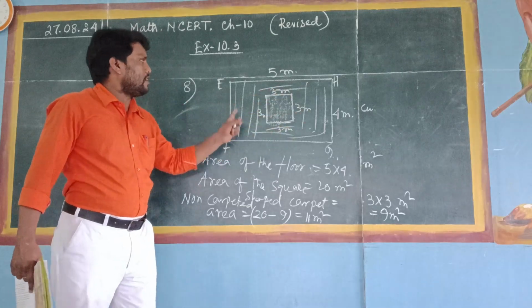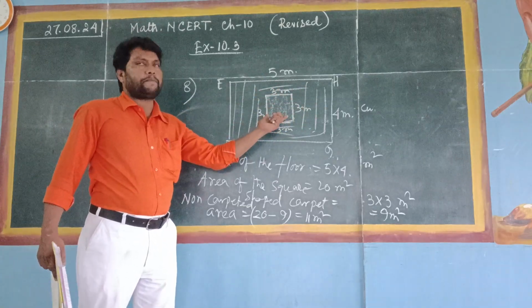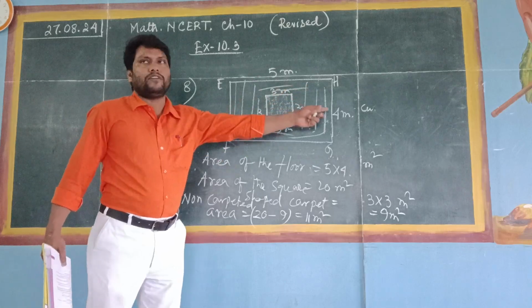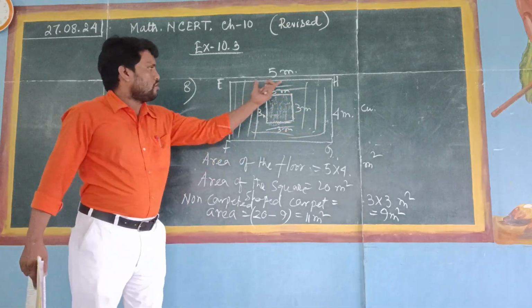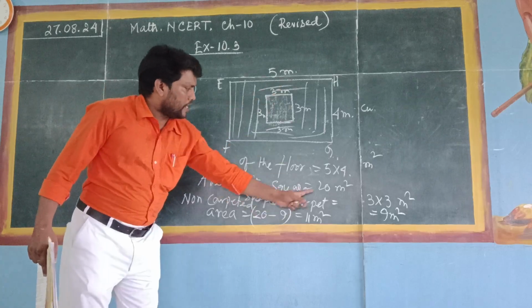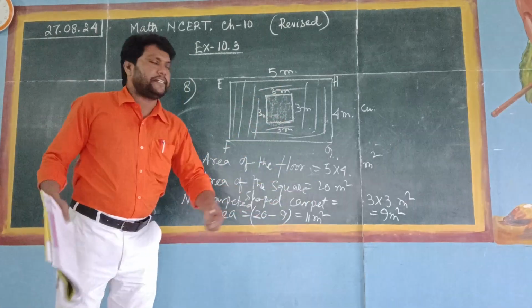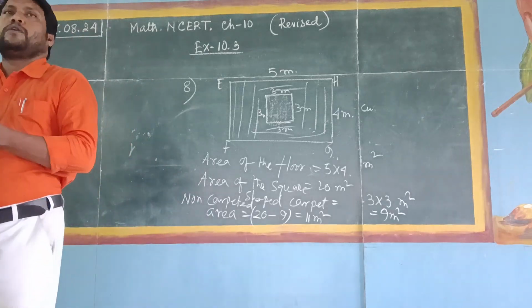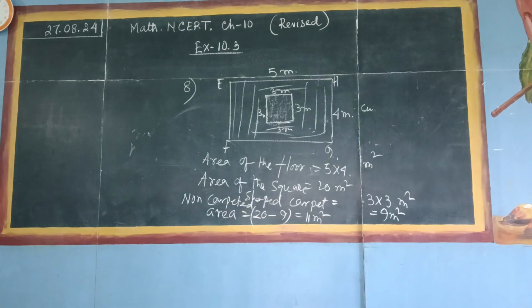So how much portion is non-carpeted? From the total area you subtract, then you find the non-carpeted area. So from total 20 meter square, 9 meter square will be subtracted. So 11 meter square of the floor is not carpeted.